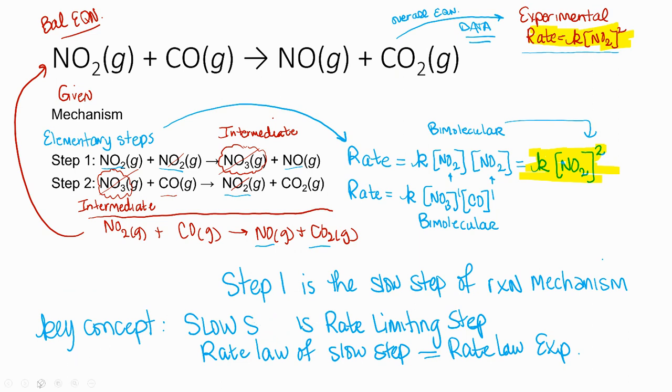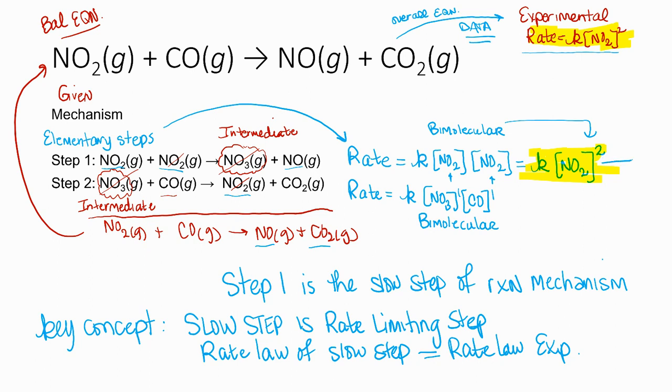Okay, so there is some good news here, is that once you get this, these are actually way easier than what we've been doing the whole chapter, because you figure out which one's slow because you write out the rates for each step and see which one matches experimental.